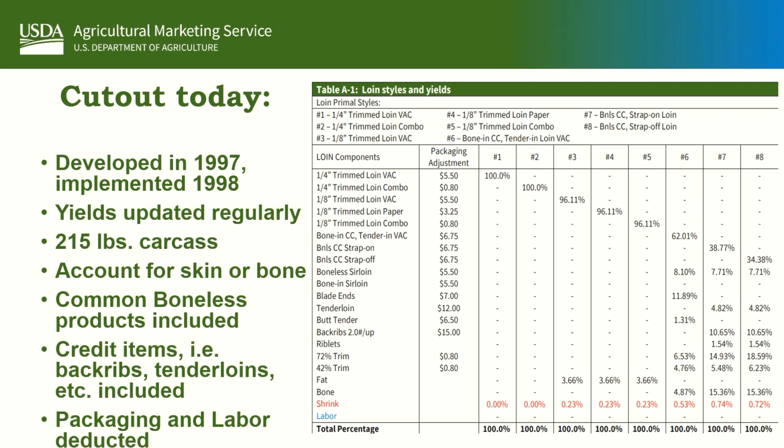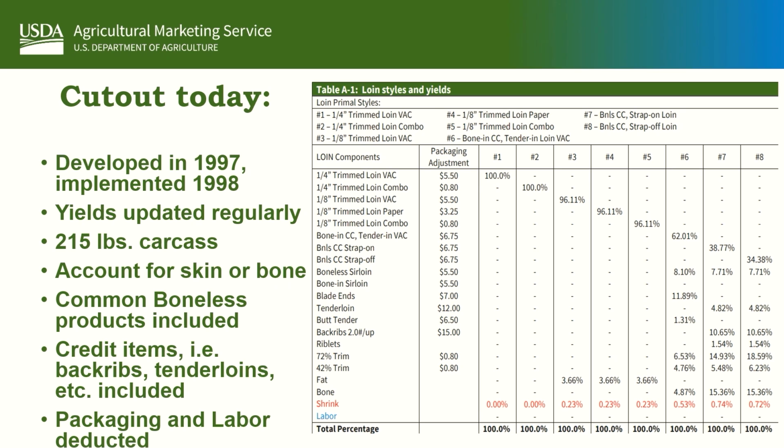Everything should have an influence, in my estimation. So we'll see what's going to happen. But as you can see, all these different items: strap, quarter-inch loins, eighth-inch loins, bone-in centers, strap-on, strap-offs, boneless sirloins, bone-in sirloins, blade ends, tenders, butt tenders, back ribs, riblets, 72s, 42s, fat, bone, shrink.